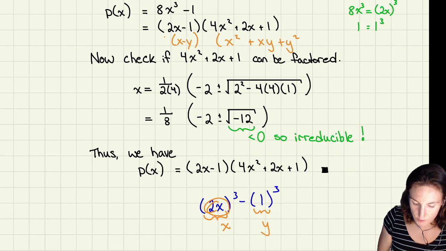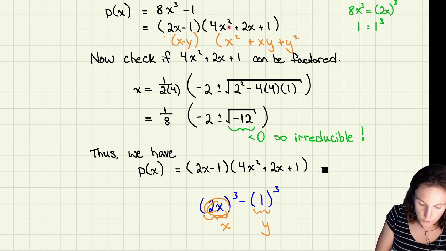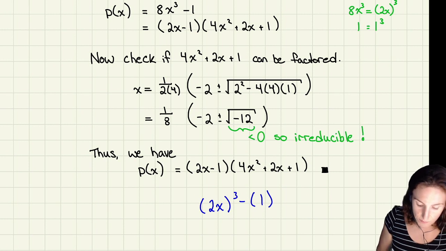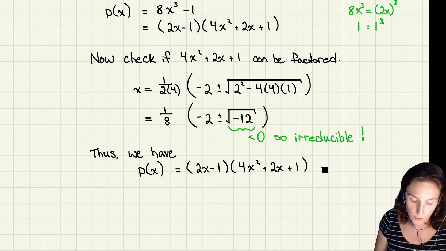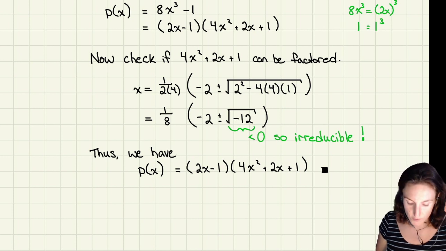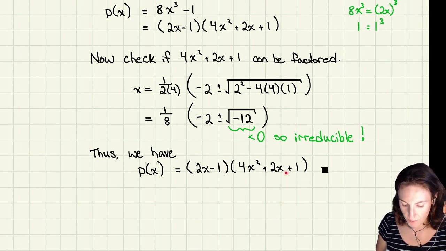Okay, so our x squared in this case is our 2x, so I get 4x squared, 2x times 1, which is just 2x, and then 1 squared, which is just 1. Okay, and to convince ourselves, to prove to ourselves that that second polynomial is irreducible, if you try to plug this into the quadratic equation, I end up getting a negative under my root. Okay, so I can't simplify it anymore. So I can factor the polynomial to give me this.